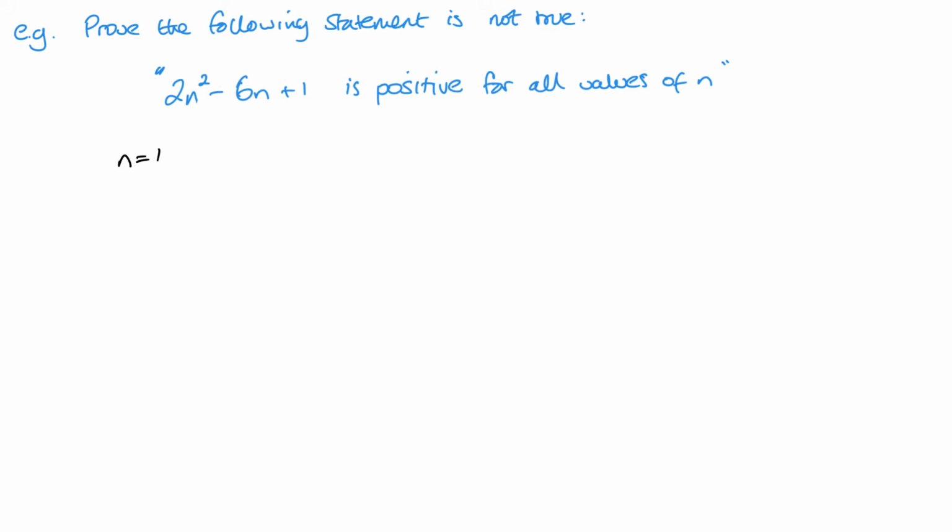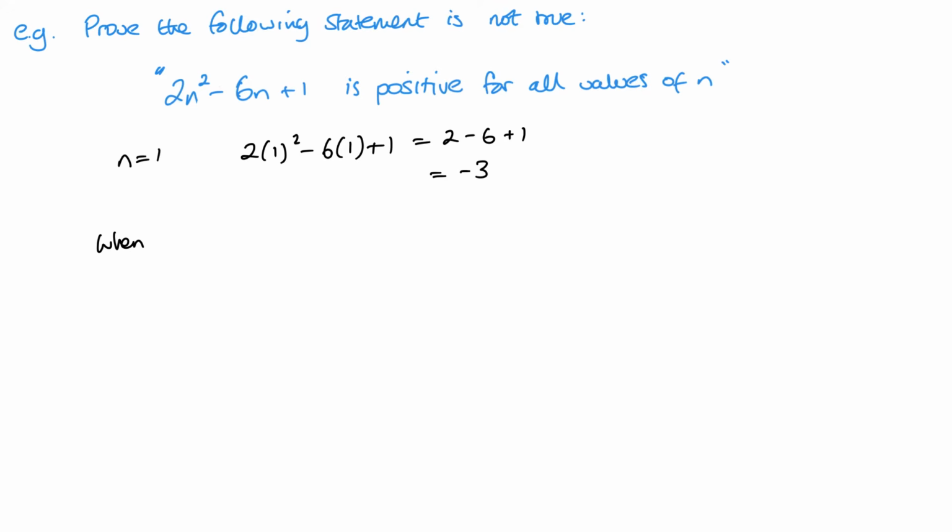So if I substitute n equals 1, 2 lots of 1 squared minus 6 lots of 1 plus 1. And that's going to equal 2 minus 6 plus 1, which is negative 3.